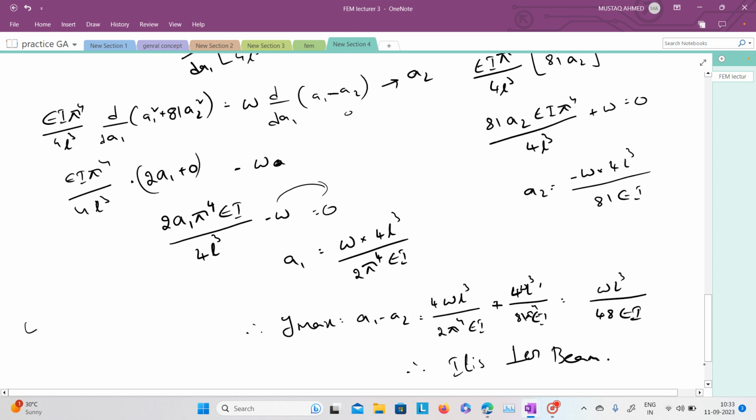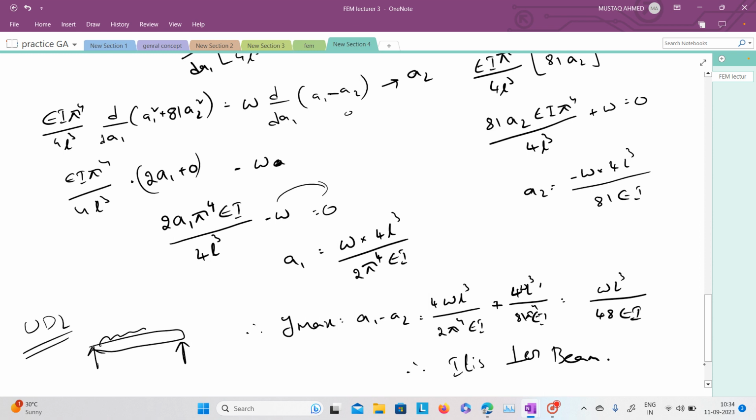If they ask for a UDL, like a simply supported beam with a W UDL acting along the axis, then you consider the whole term.